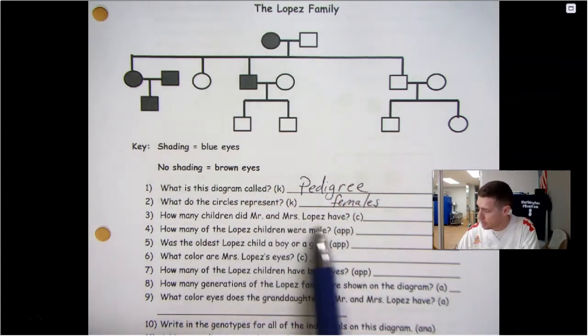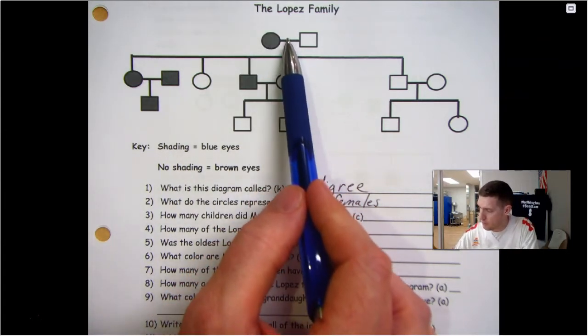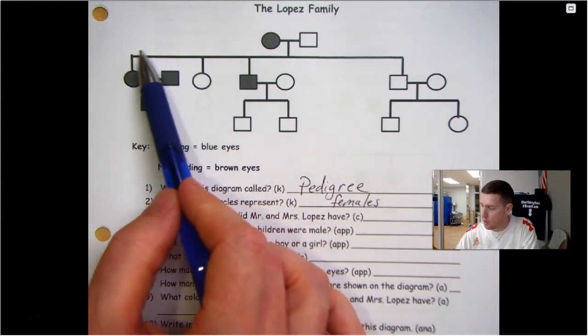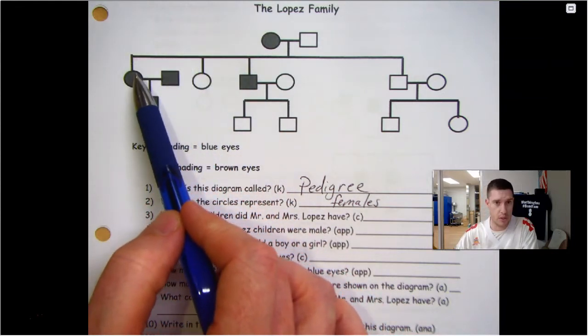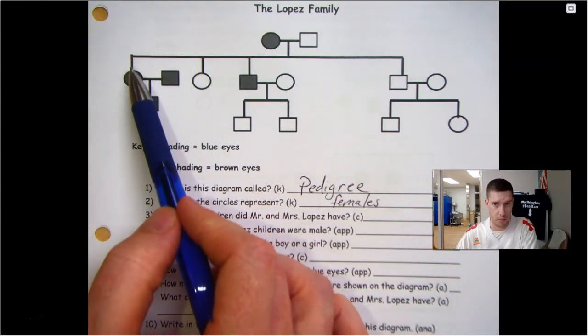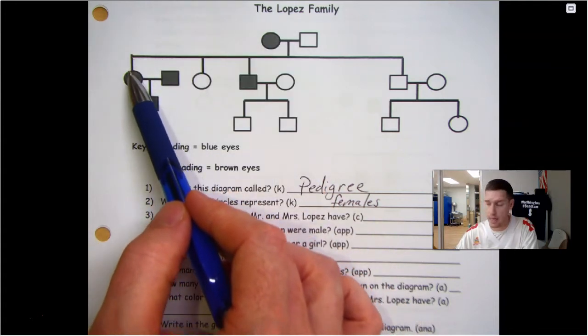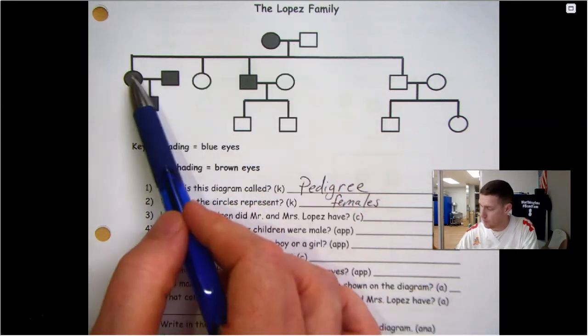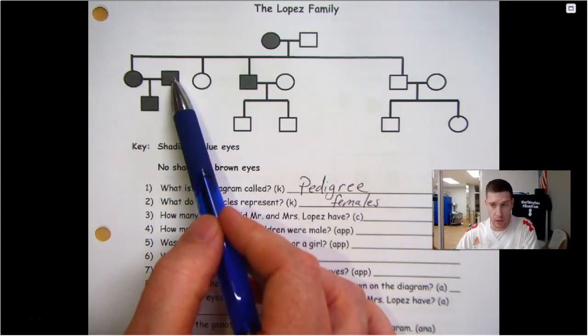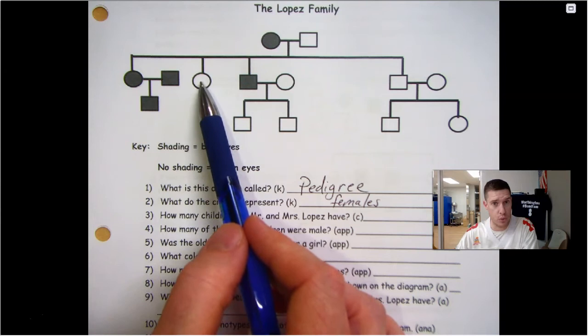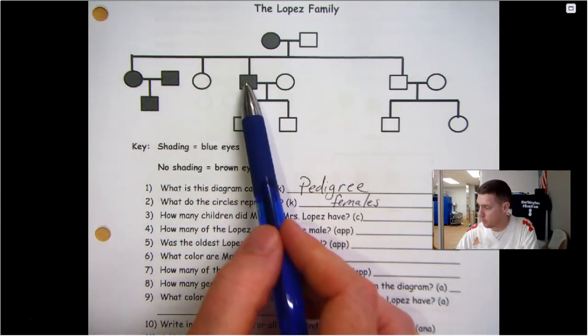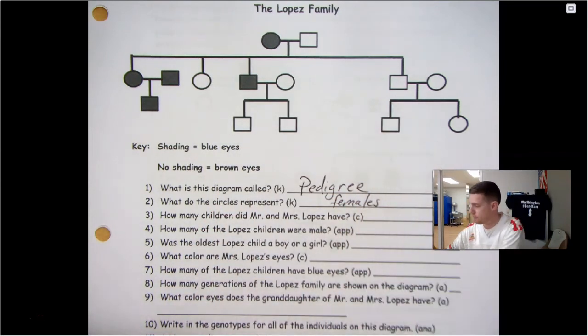So if the question is how many children did they have, we'll come down here and follow that line all the way over to the left. Here is a child of the Lopez family because they have this vertical line connected to them. That's not a child of the Lopez family. This one is, so that's 2. There's a vertical line connecting, 3 and 4. So they have 4 kids.